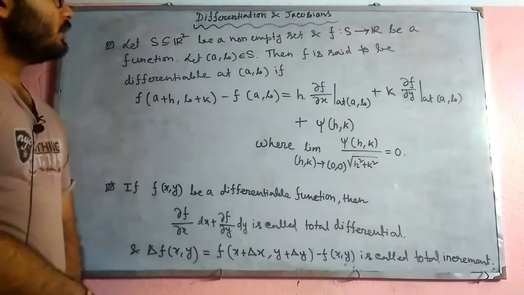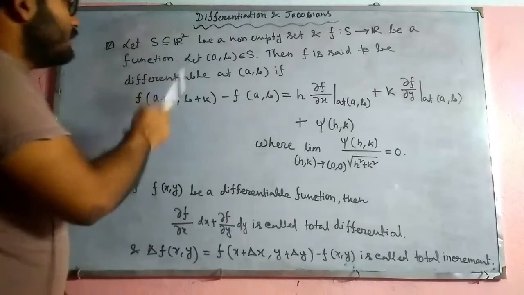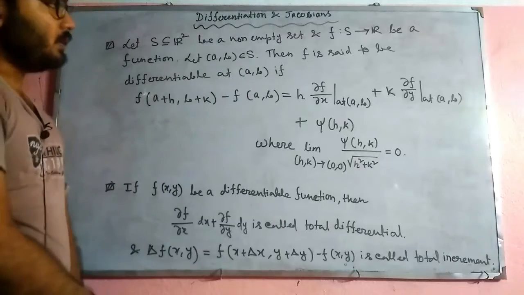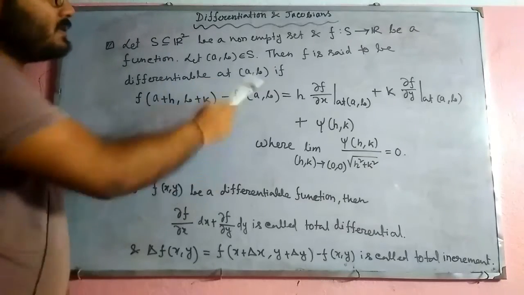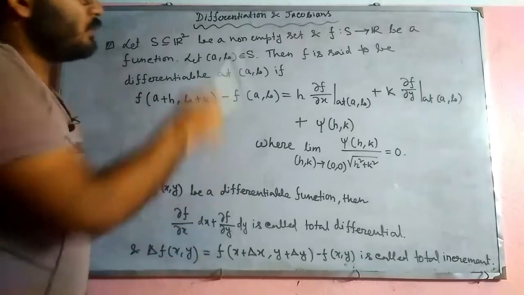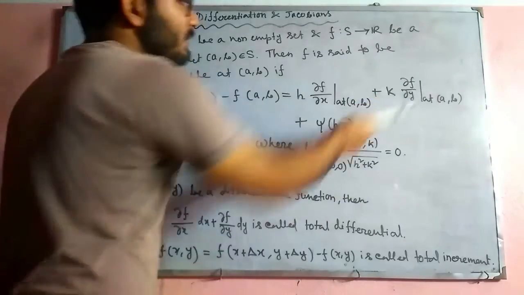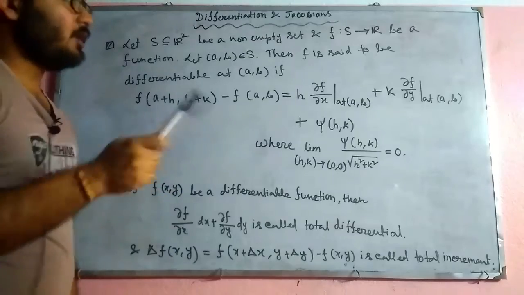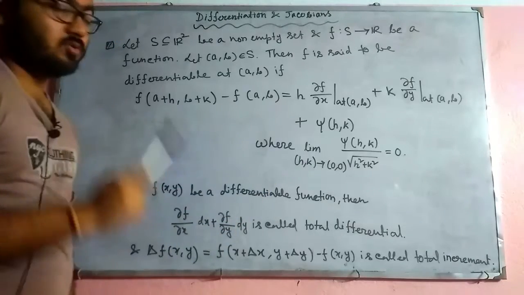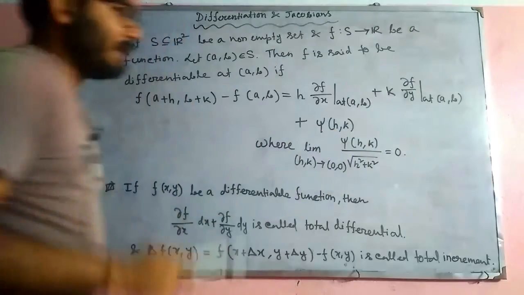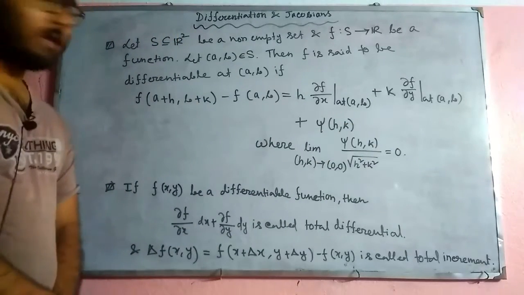Let (a, b) be a point in S. Then f is said to be differentiable at the point (a, b) if f(a+h, b+k) − f(a, b) = h ∂f/∂x at (a, b) + k ∂f/∂y at (a, b) + ξ(h,k), where the limit as (h,k) tends to (0,0) of ξ(h,k)/√(h²+k²) is equal to 0. Okay?